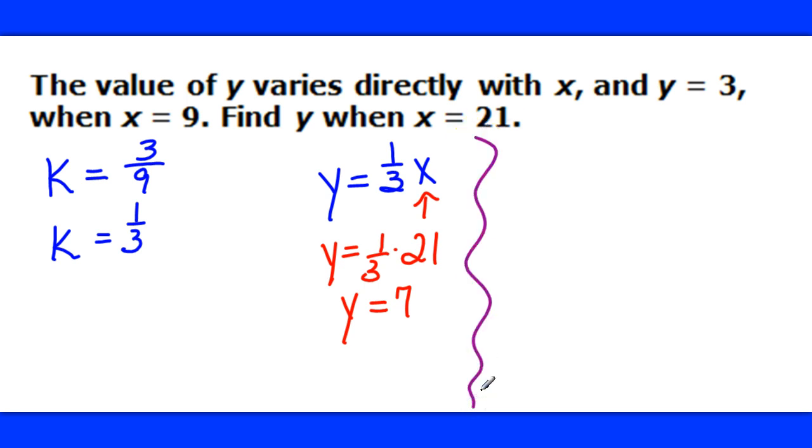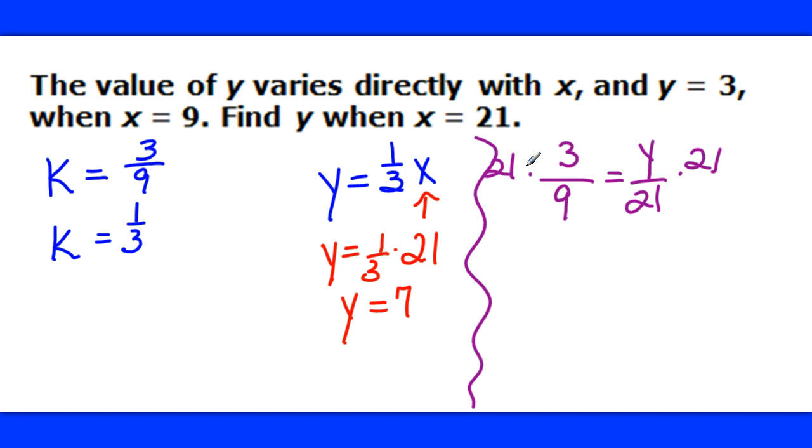Another way to do it would be to go ahead and set this up just like you did here. Y is 3 when x is 9. So what is y when x is 21? You may remember this. This is called a proportion. Now what you're going to do is cross multiply or multiply both sides by 21.